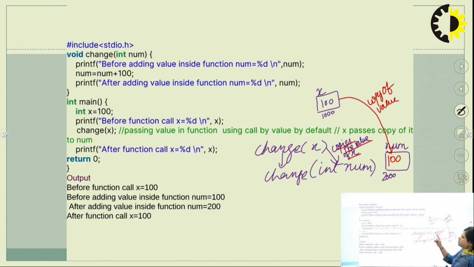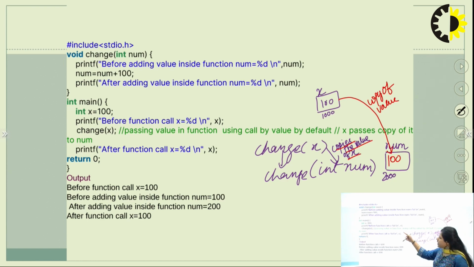Fine. So when we printed this message before adding the value inside function num, it fetched the value from its num only. Of course, it is a global function and we cannot access the x here. Okay, we can pass on the value of x, whether copy or original, that we will see, but you cannot access the x in change function as long as x is not global, because x is having local scope here, so we cannot access x value there, right?